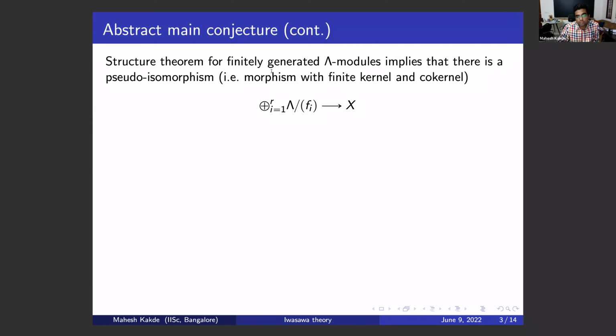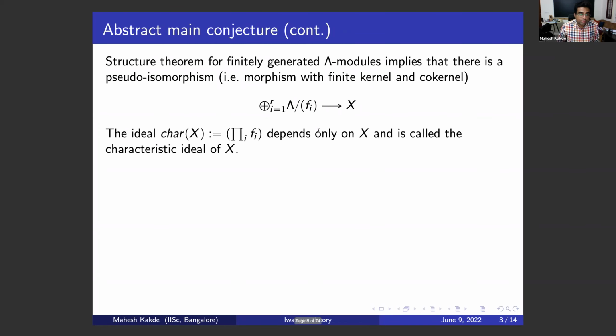Of course, in general, for finitely generated Lambda modules, you can have a bunch of copies of Lambda also. Okay, so the characteristic ideal of X is defined to be the ideal generated by the product of the F_i's. Of course, these F_i's themselves are not well defined.